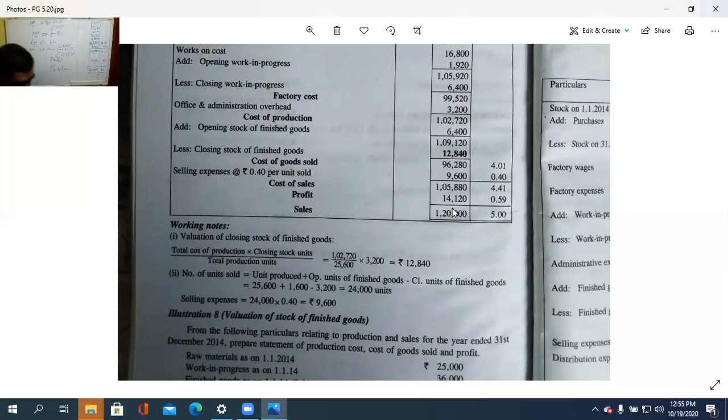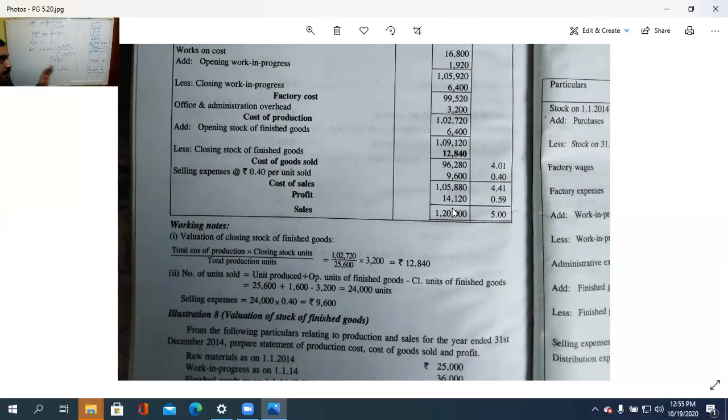So this is the way we calculate the profit with regard to the cost sheet, where there is an adjustment of opening stock, or where we need to calculate the closing stock of finished goods.